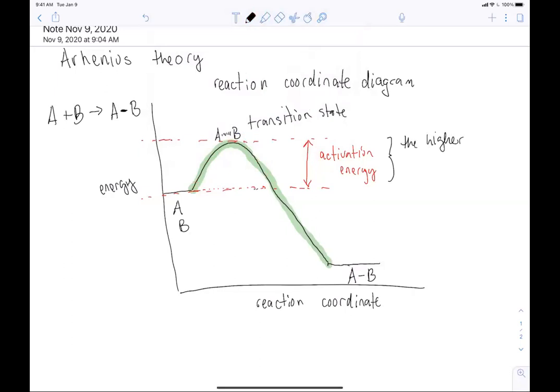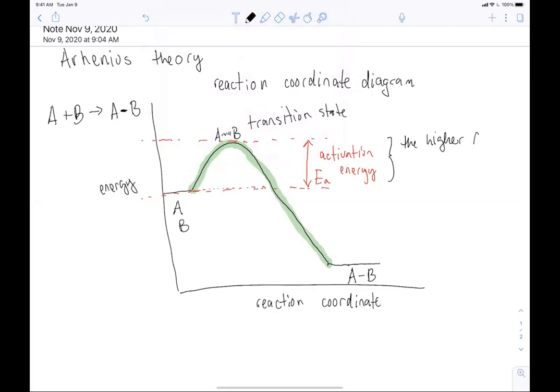I don't know if this is precisely true from a physical chemist's perspective, but it's a perfectly fine way to think about things. The higher the activation energy, so let me give you the abbreviation. Activation energy we abbreviate as E sub A.